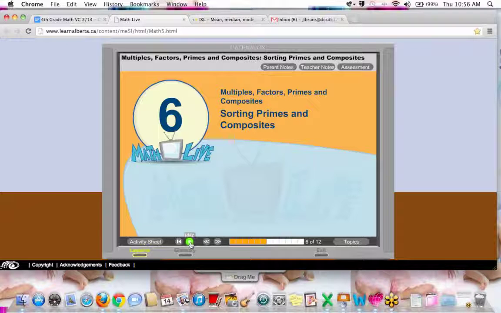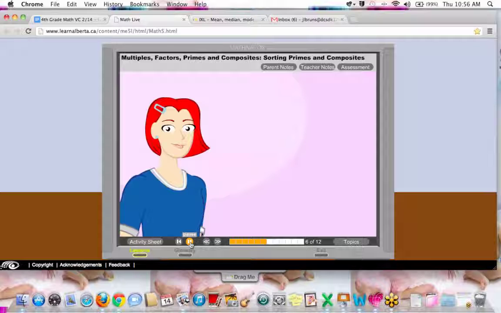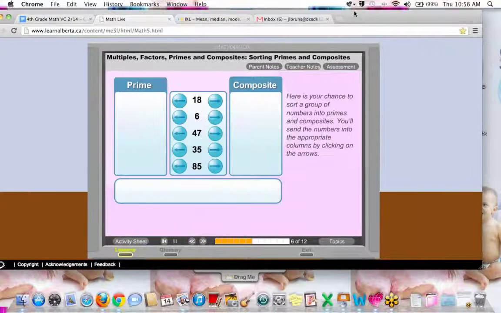All right, now we're going to do a little practice with sorting the different types of numbers. Here's your chance to sort a group of numbers into primes and composites. You'll send the numbers into the appropriate columns by clicking on the arrows. All right, 18. Is it a composite number or a prime number, Vero?